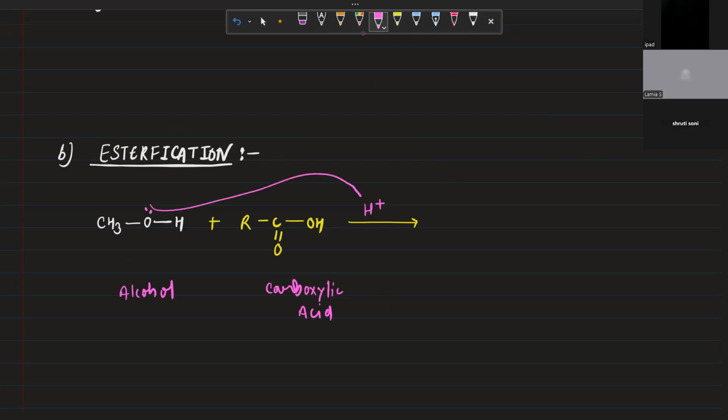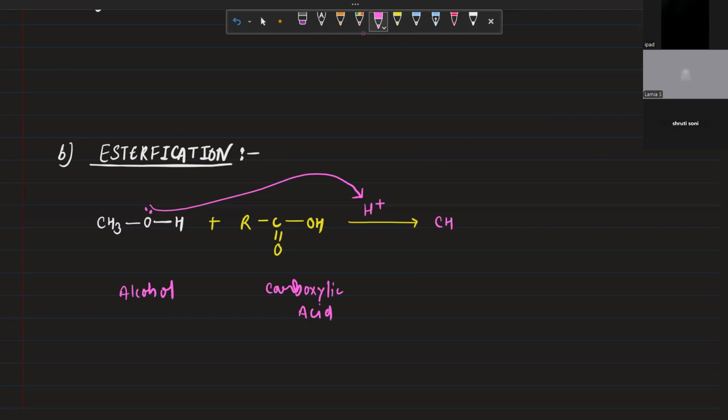In acidic medium, this lone pair attacks this hydrogen. In this case, does hydrogen work as a nucleophile or an electrophile? Hydrogen is the electrophile, and CH3OH is the nucleophile.